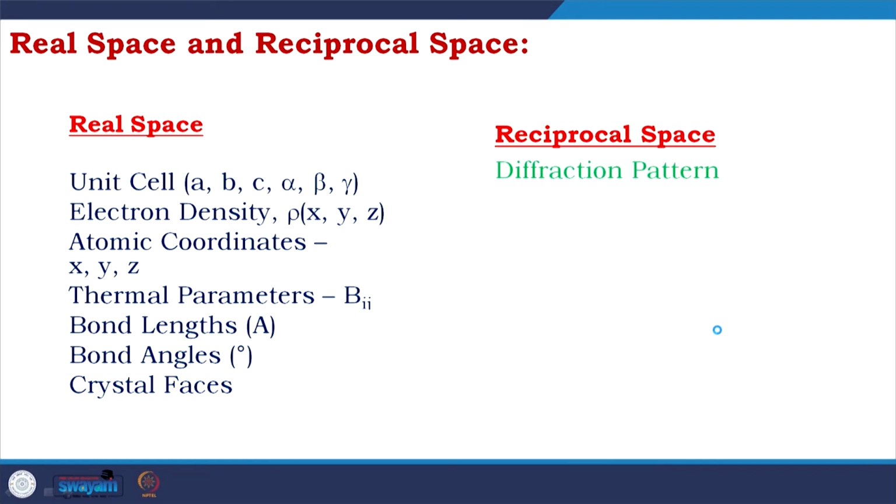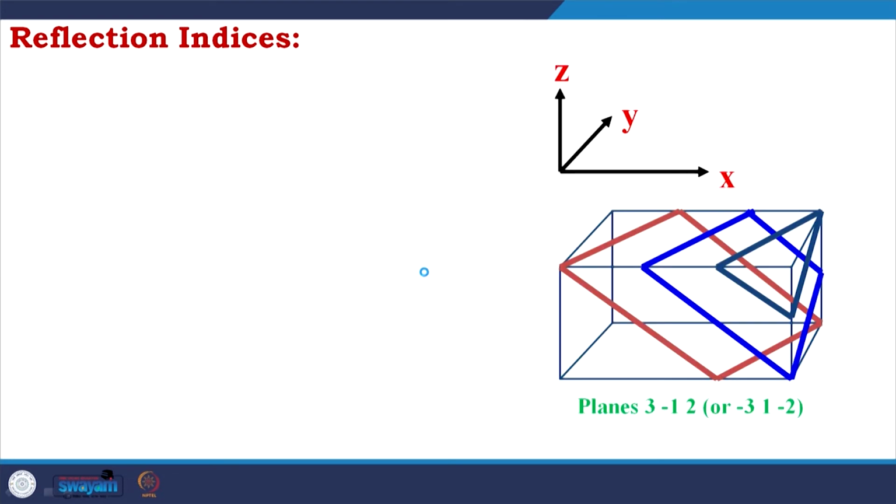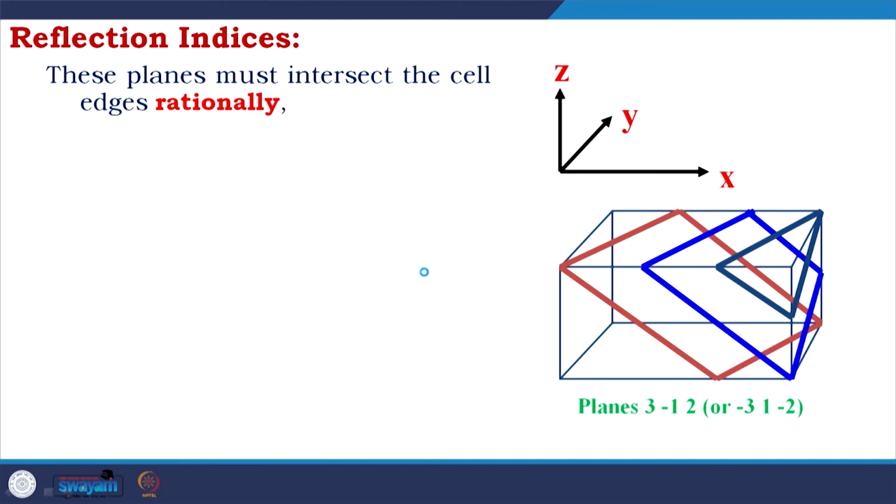In the reciprocal space we get the diffraction pattern, we get the reflections, we get integrated intensities, which is I of HKL, where I is the intensity, and the structure factor which is F of HKL, and the phase which is alpha HKL. So, these planes must intersect the cell edge rationally.